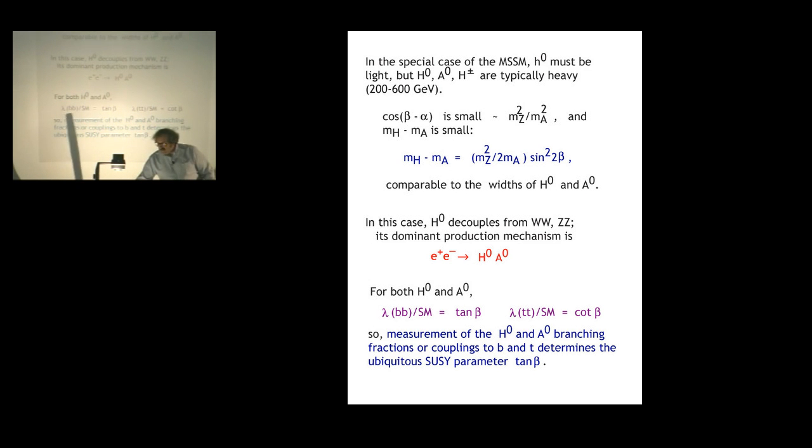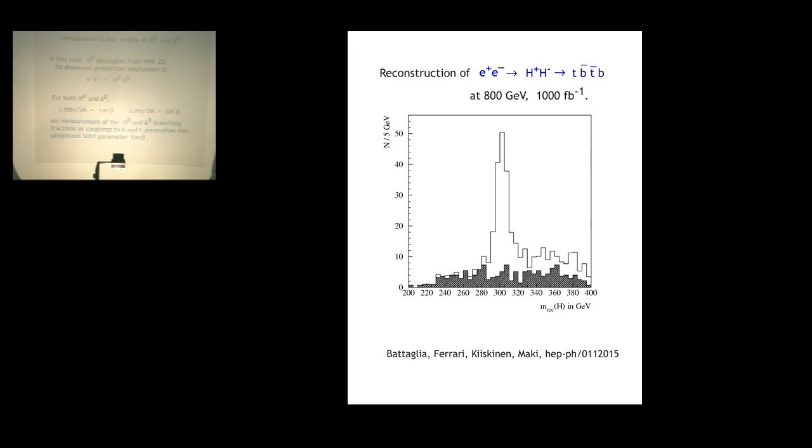In both cases, the b b-bar mode is enhanced by tan beta. The t t-bar mode is suppressed by 1 over tan beta. Actually, these equations are extremely interesting because they say that by measuring the branching ratios of the heavy Higgses, you get direct access to this parameter tan beta, which is, of course, ubiquitous in all the formulae of supersymmetry.